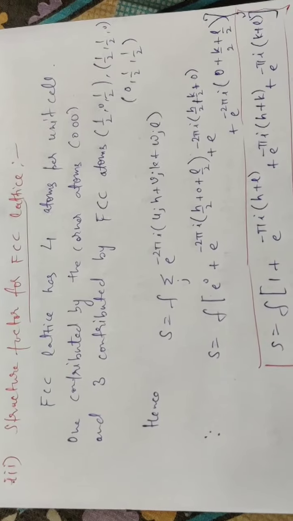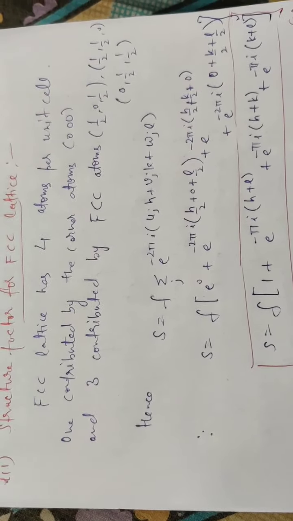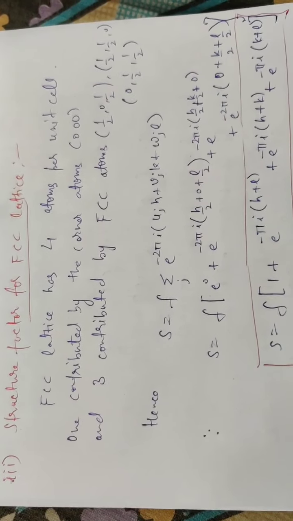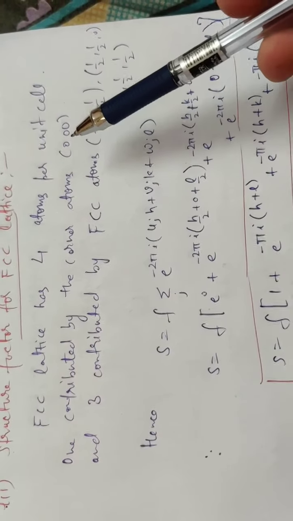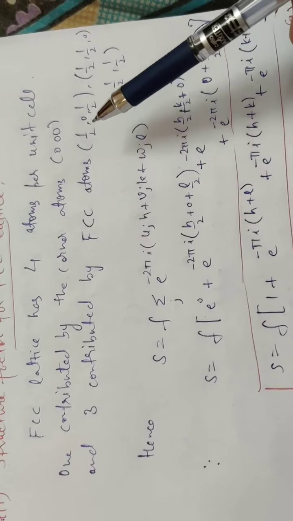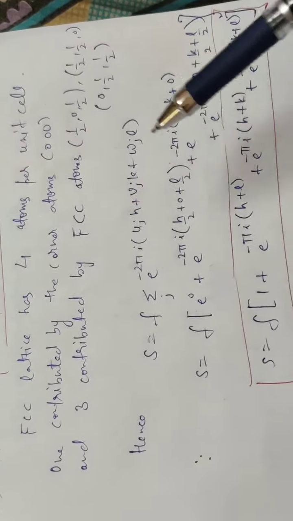Now we will find out the structure factor for FCC lattice. Since for FCC lattice the number of atoms per unit cell is 4, the first atom is the corner atom having coordinate 0 0 0, and three are face centered atoms, each with its own coordinates.